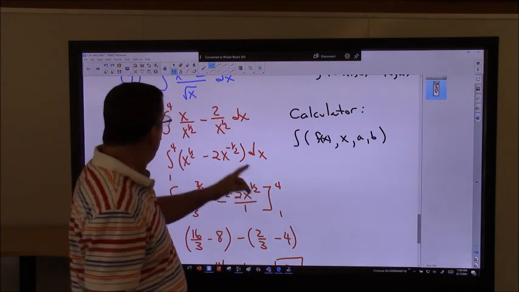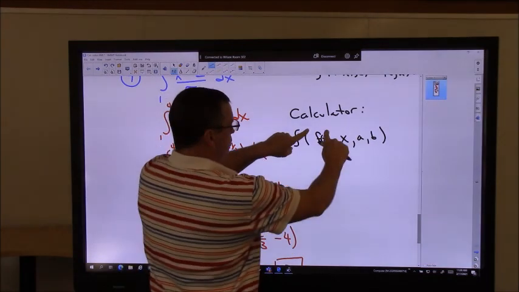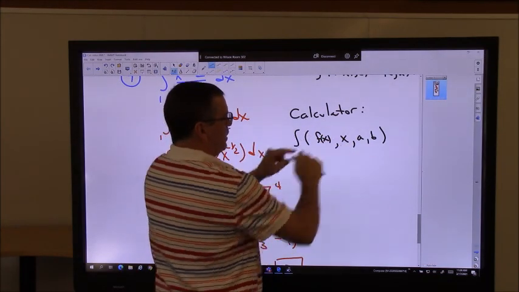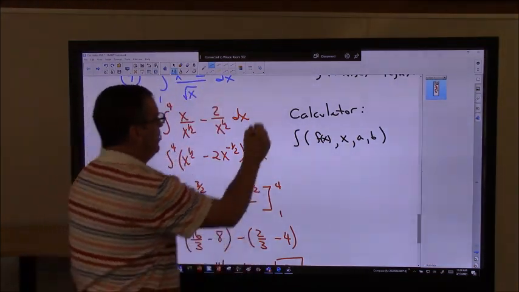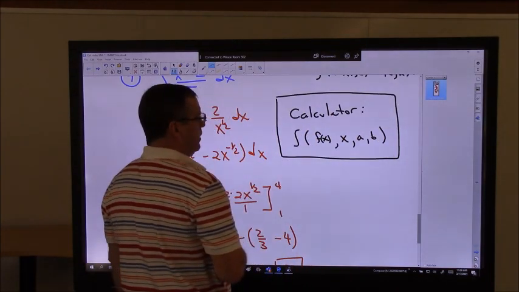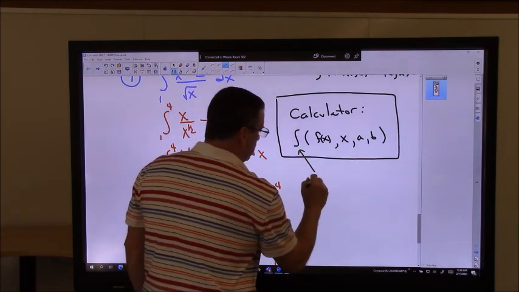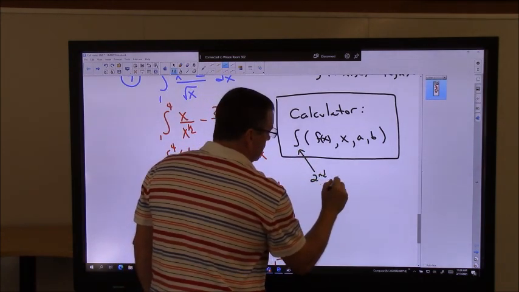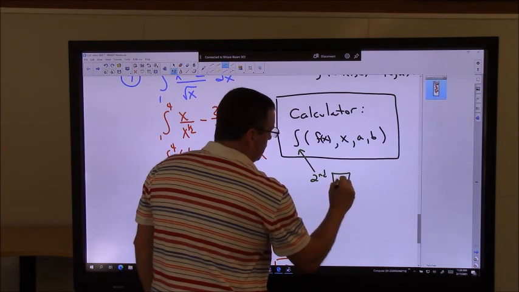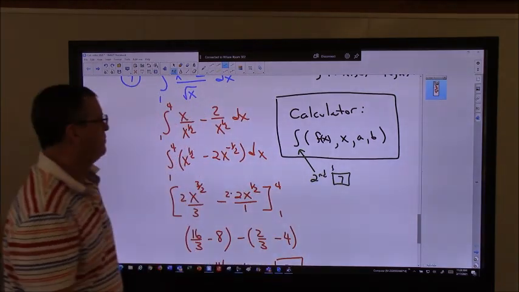Now, if you do need to enclose your expression inside parentheses, then you've got another set of parentheses right there. But that's the syntax for doing this on the calculator. We get that by doing secant and then the 7 button. There's a little integral symbol right there.